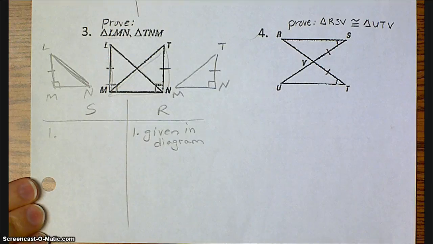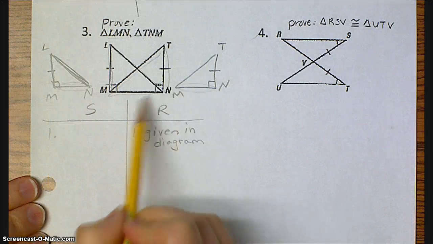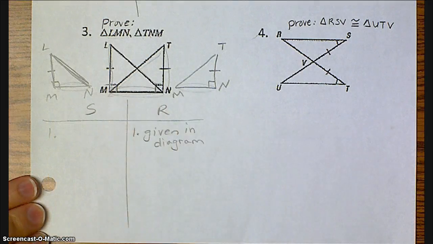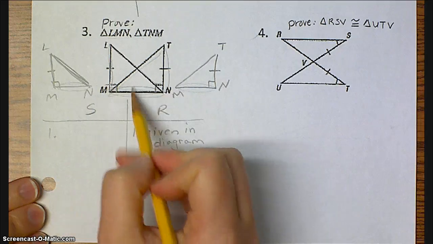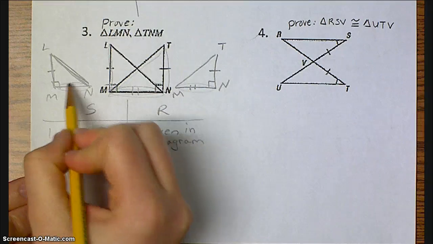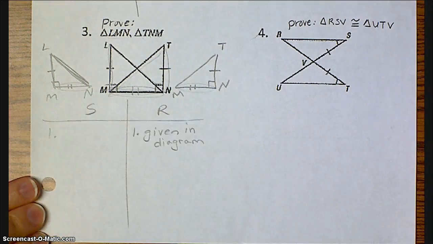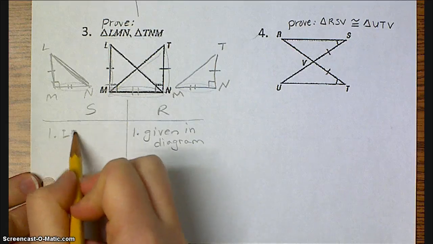So now I can see, when I look at these two separate triangles, MN, MN, which in the original diagram is overlapping itself. So MN is congruent to NM. We call that reflexive. So I could add some little tick marks on my picture there too. Okay? So I'm going to begin my proof like I did number 1 by listing the information that was given to me in the diagram.